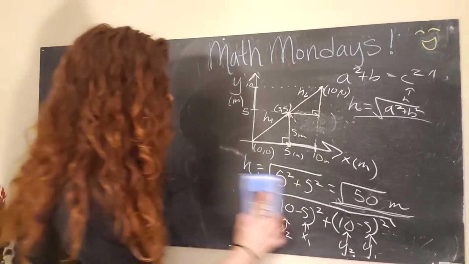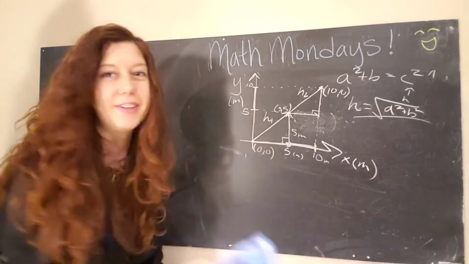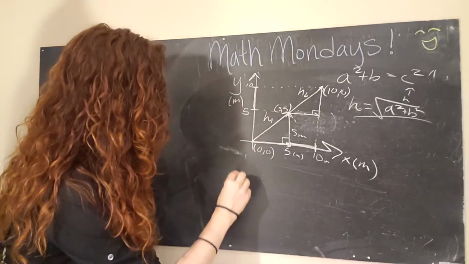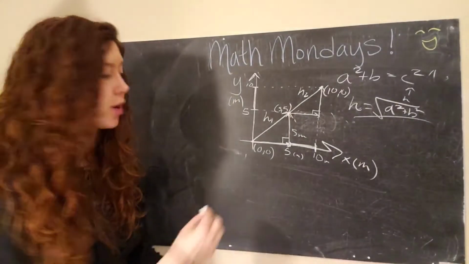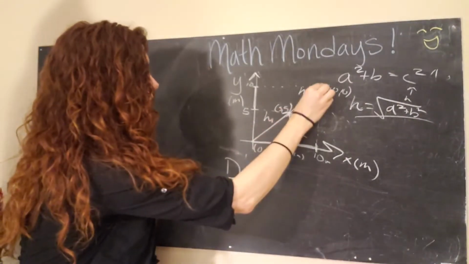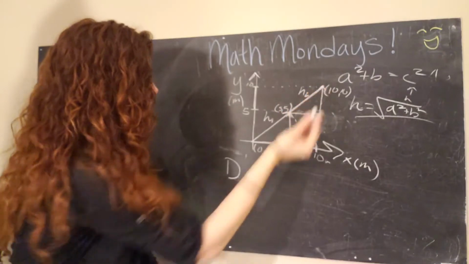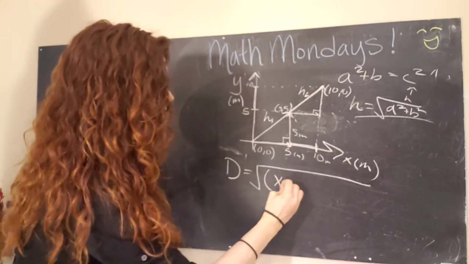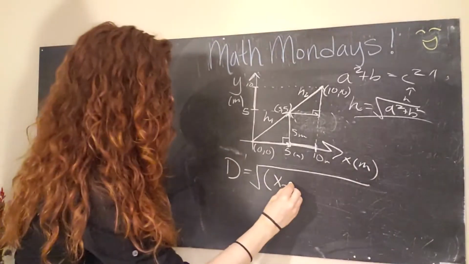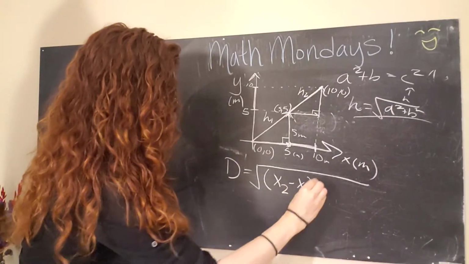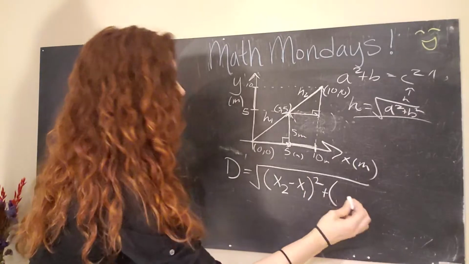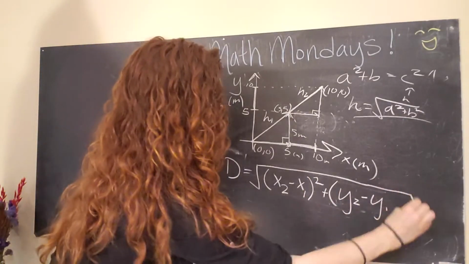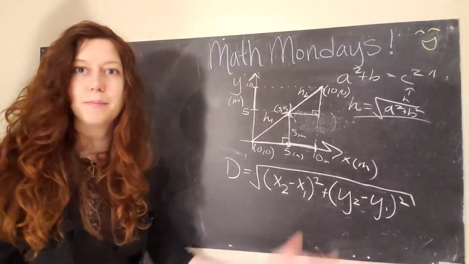And so we can solve that. I leave that challenge to you because you're totally capable. And so what we would find for a general formula is that the distance between 2 points is going to be the square root of the final position in the x direction minus the initial position squared plus the final position in the y direction minus the starting position in the y direction squared.